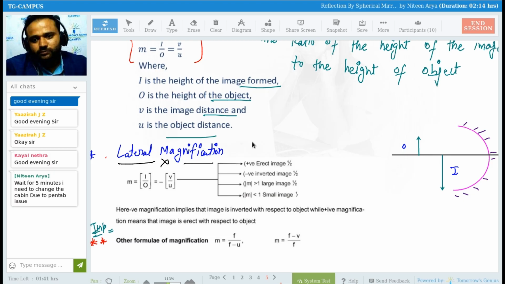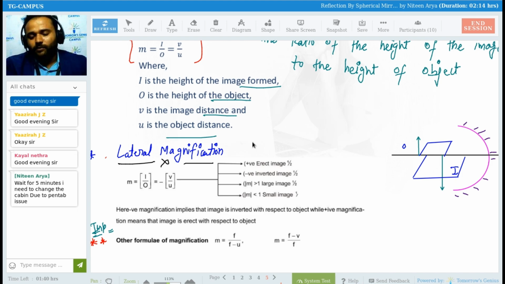And then the image of this is going to be large in this way, or if I want to make it small, that is going to be the reverse case. But most of the time from the concave mirror we get a real and enlarged image. Is this clear, everyone?